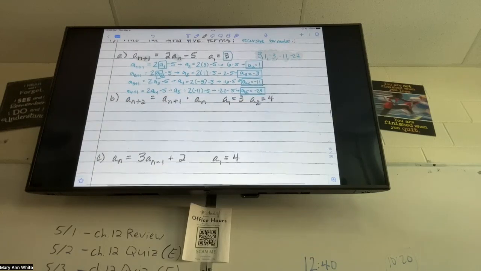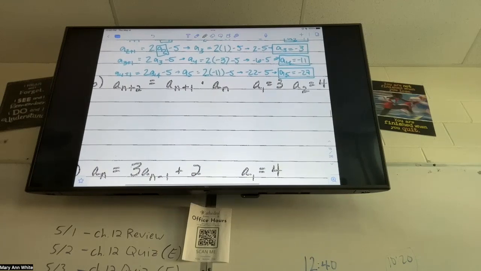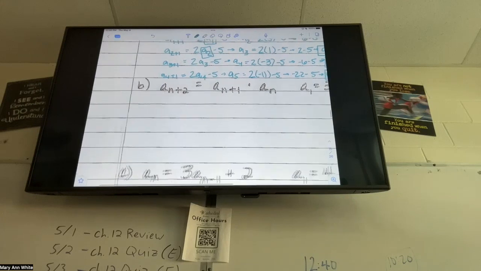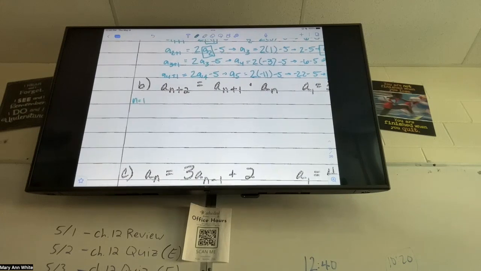Okay. So this one says a sub n plus 2 equals n plus 1 times a sub n. Okay, I want our first thing to be n is 1. So n is 1 in this case, which means that a sub 1 plus 2 means that I'm going to get the third term, right? And that means that I'm going to use my 1 plus 1 times my a sub 1 term.